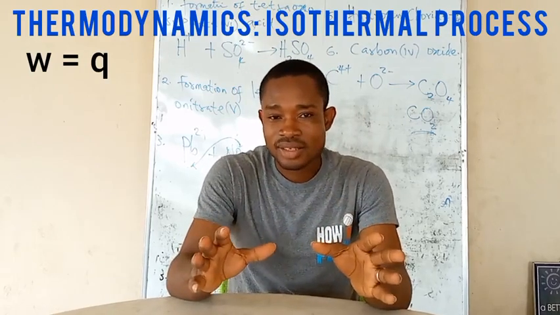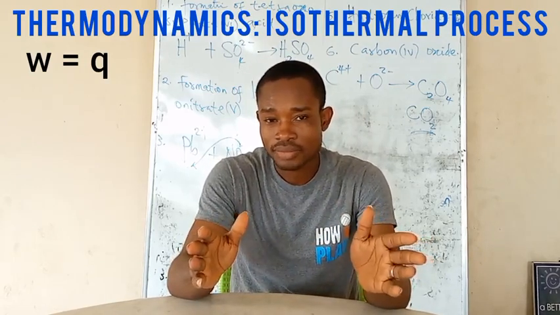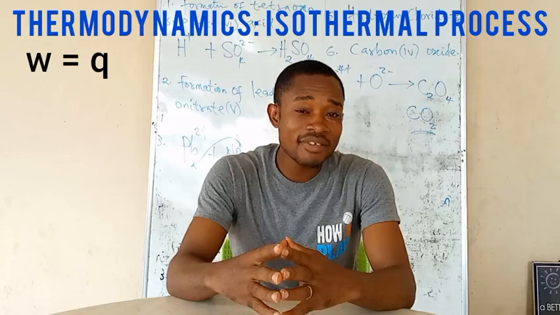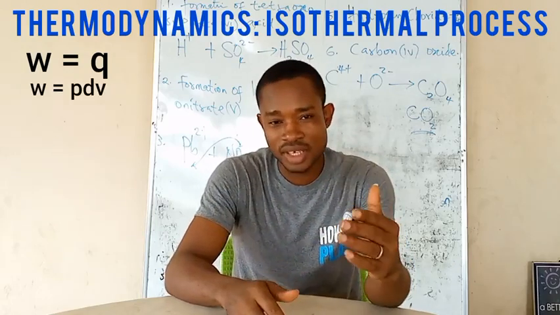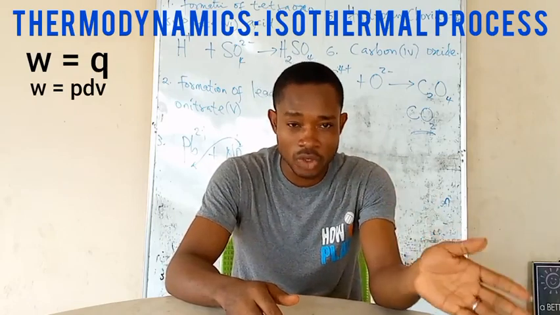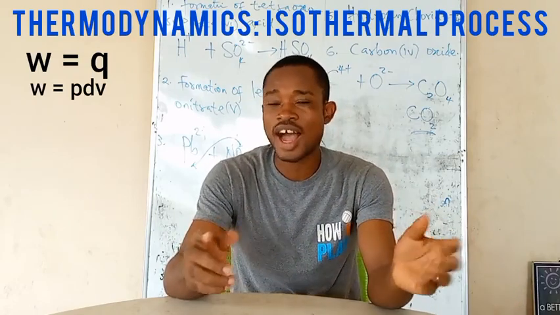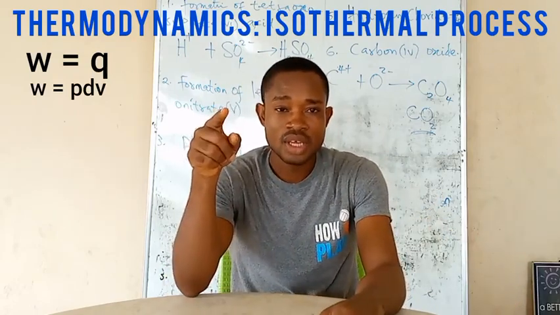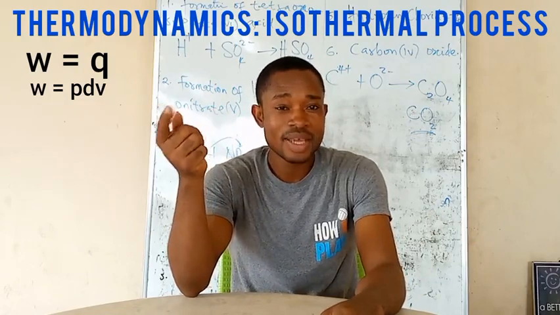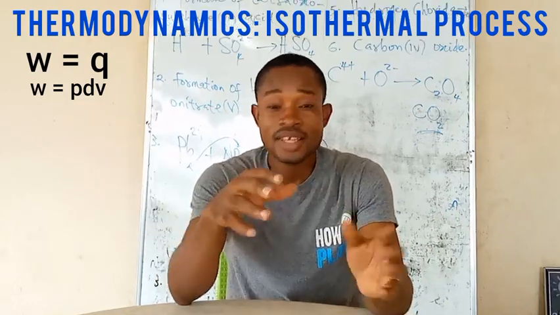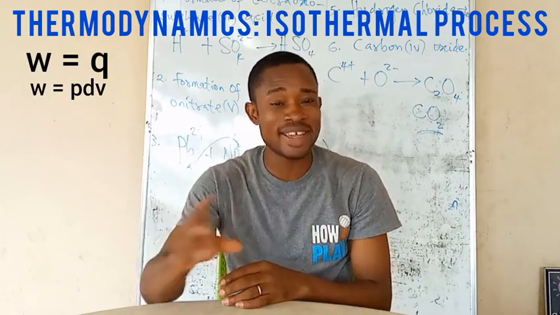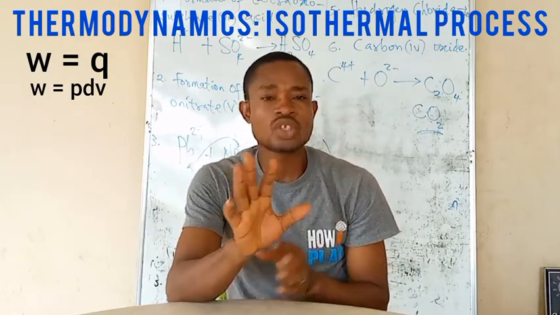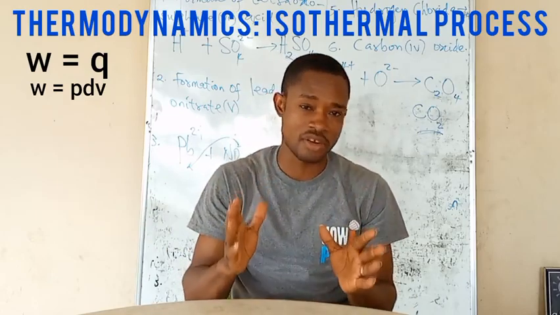When a gas does work, the work formula is given as pressure times dV, where dV is a differential coefficient of volume. So we are simply going to have that W is equal to P dV. Now, whenever a quantity is multiplied by a differential coefficient, to get the value of that quantity, you need to integrate.